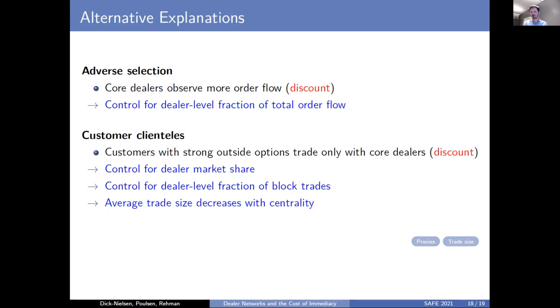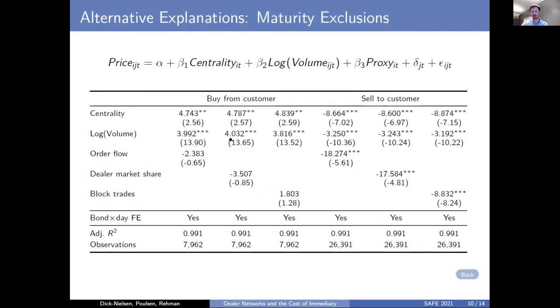So we already control for all bond and issuer time varying information, but dealers still may have a different capacity to learn new information. So the way we try to come up with a proxy for this capacity to learn new information is to make a proxy based on the dealer level fraction of total order flow. So when we include this proxy in our regressions, we basically find that our main coefficient estimate remains basically unchanged.